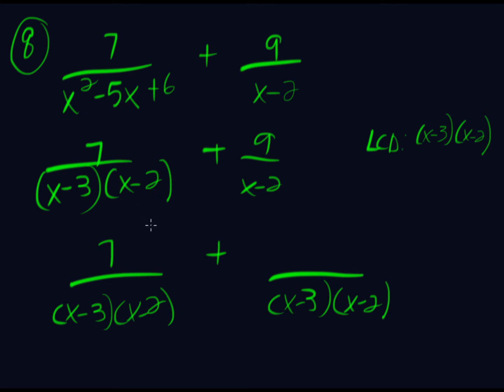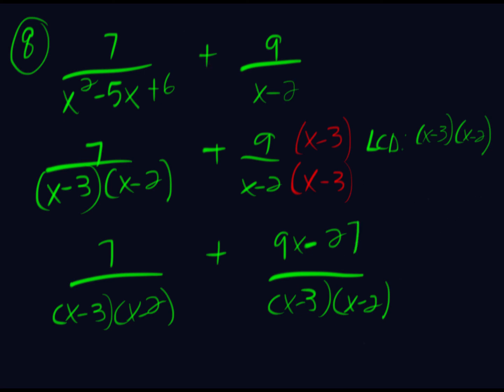That expression did not change at all. But if I look at this second expression, our denominator was originally just x minus 2, so if I want it to be x minus 3 times x minus 2, I have to multiply that by x minus 3, and what I do in the bottom, I must do to the top. So the numerator becomes 9 times x minus 3, which is 9x minus 27.